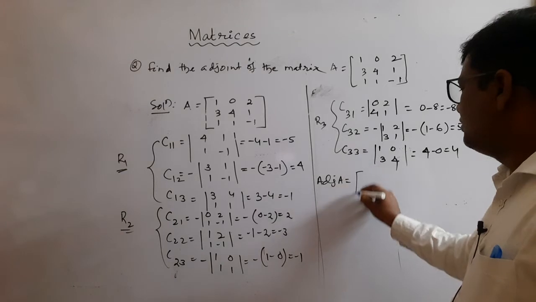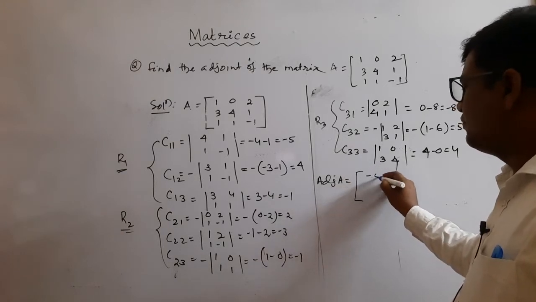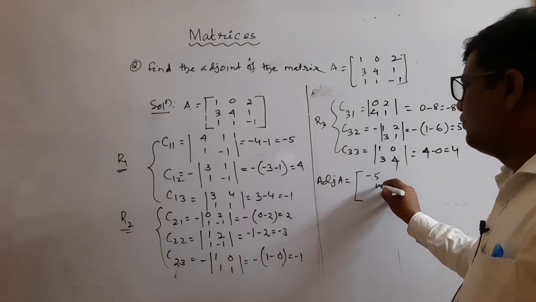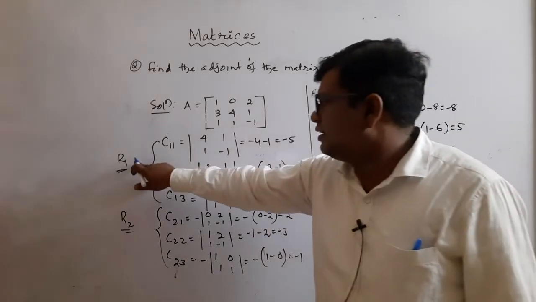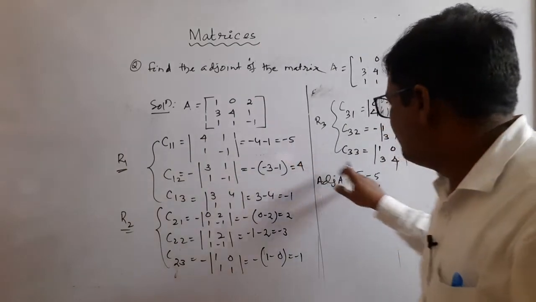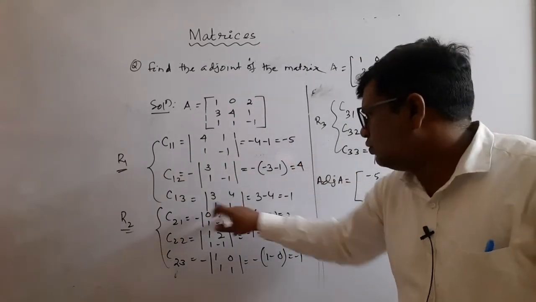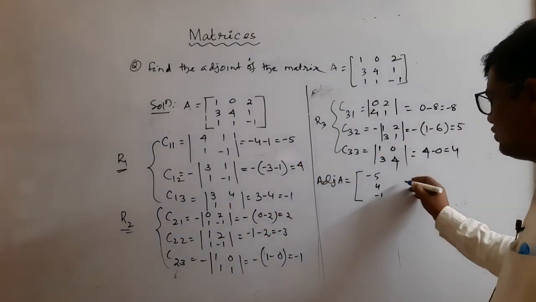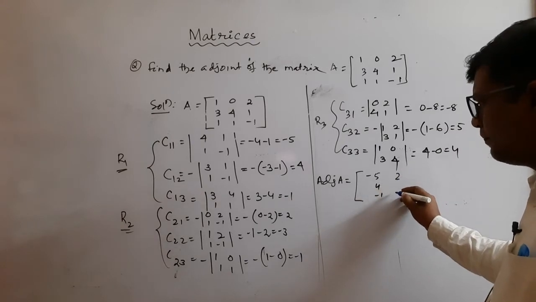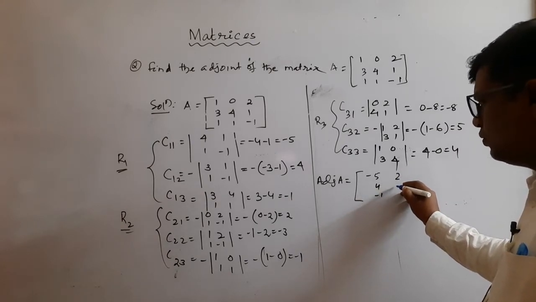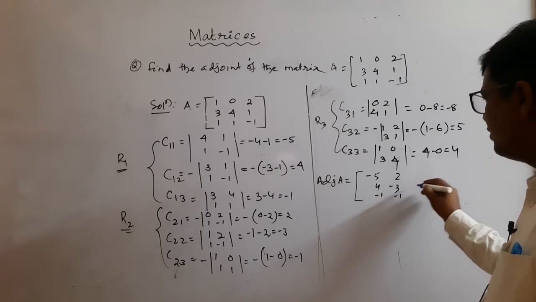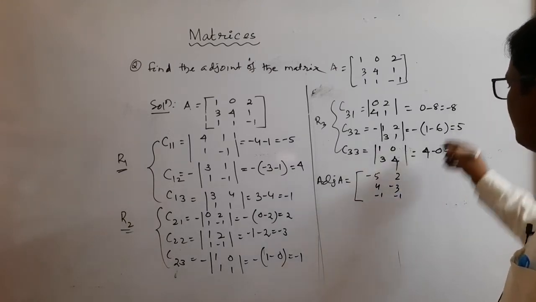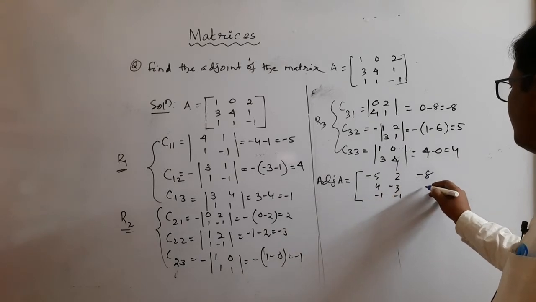So this is row 1, made column 1, and this is row 2, now it is column 2, that is: minus 5, 4, minus 1; 2, 2, minus 3; minus 1, minus 8, 5 and 4.